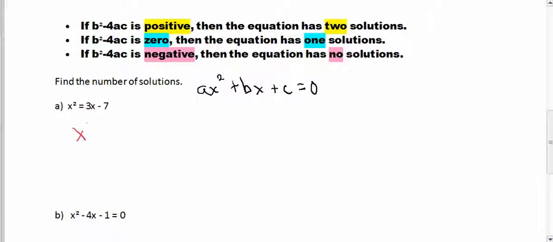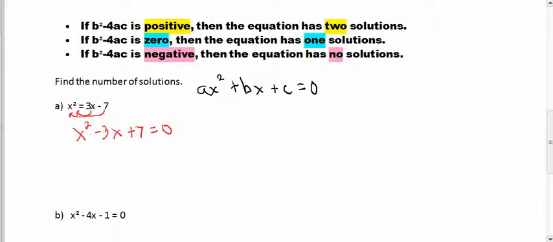So I'm going to keep my x squared here. I'm going to move this positive 3 to the other side, so I'm going to subtract 3x. And I'm going to move this negative 7 to this side also, taking the opposite, so it's positive 7. And everything on that side is 0 because I moved everything over.